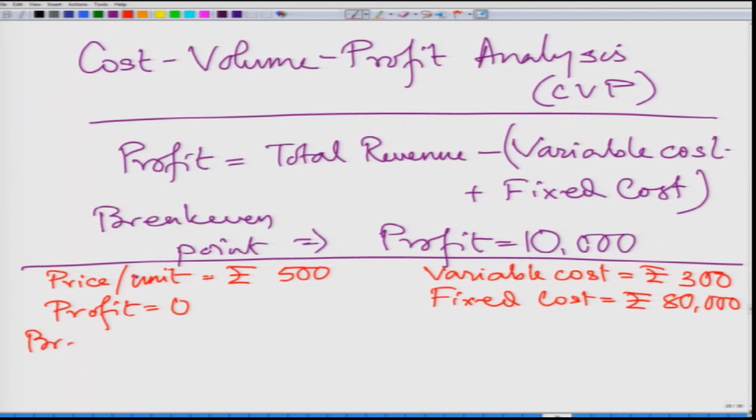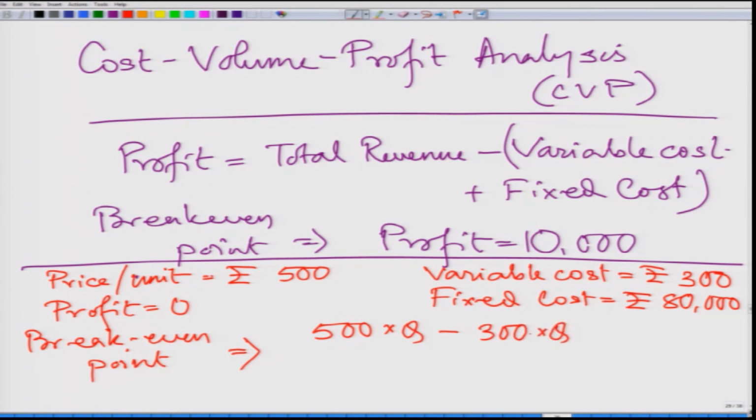To be at the break-even point, I must produce the amount that takes my profit to 0, and my profit becomes 0 when my total revenue, which is 500 multiplied by Q (I don't know Q, I am going to find Q), minus total variable cost, 300 multiplied by Q, minus 80,000. One unit's variable cost is 300 rupees, and for Q units of production my variable cost will be 300 multiplied by Q. The 80,000 is my fixed cost.